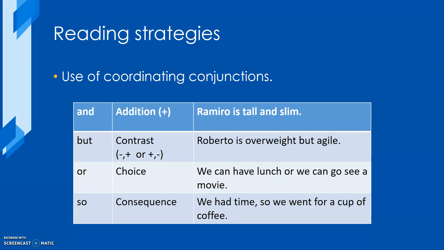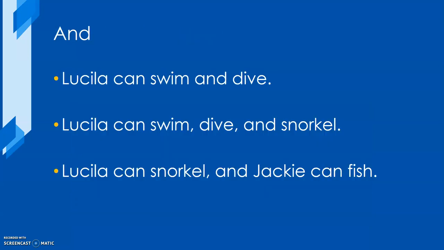For example, Roberto is overweight but agile. Or means choice. Choice is that you can choose between two or more things. For example, we can have lunch or we can go see a movie. And so shows consequence. We had time, so we went for a cup of coffee.